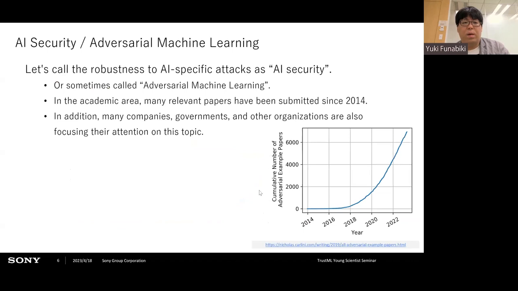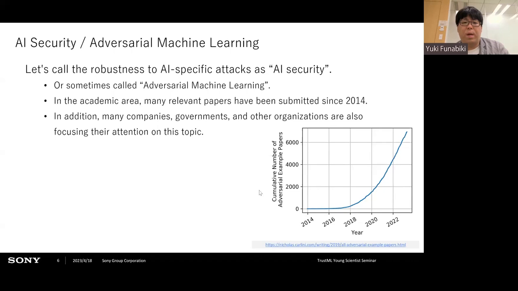Then I will describe AI security, or adversarial machine learning. In this talk, I will call robustness to AI-specific attacks AI security, and perhaps some of you are more familiar with adversarial machine learning. This is the topic name for AI security and other AI vulnerabilities.